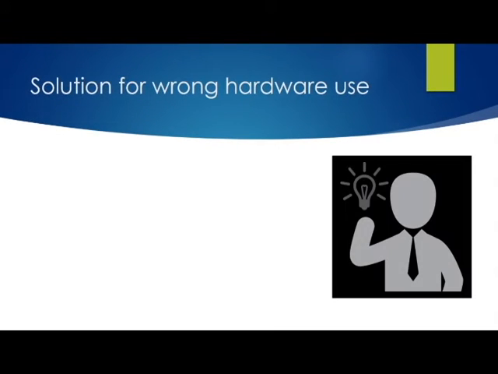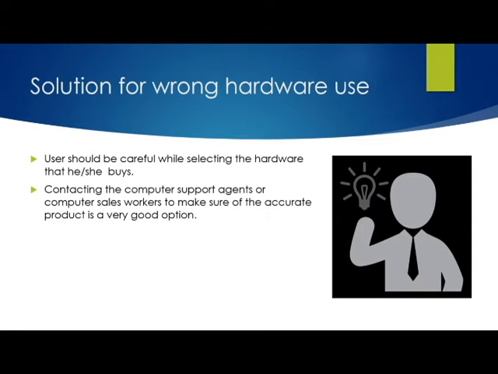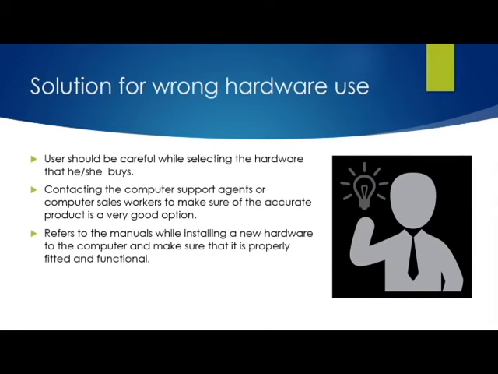Now, for the solutions to wrong hardware use, the user should be careful while selecting the hardware that he or she buys. Contacting computer support agents or a computer science worker to make sure of the accurate product is a very good option. Always refer to the manual while installing new hardware in the computer and make sure it's properly fitted and functional.